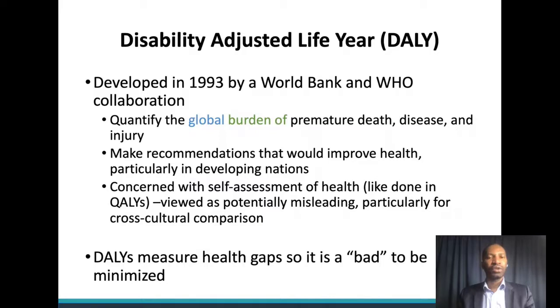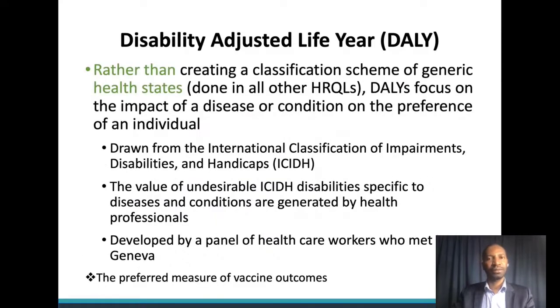The development of DALYs was founded on the concern that self-assessment of health, like it is done in QALYs, is viewed as potentially misleading, particularly for cross-cultural comparison. So DALYs actually measure health gaps, so it is a bad to be minimized, unlike QALYs, which are goods to be maximized.